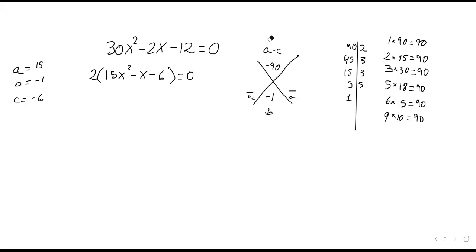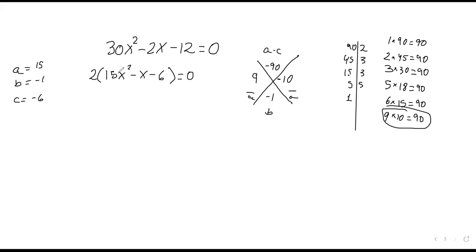So which one of these possibilities can give me -1 if I add or subtract them? 9 and 10. I need the product to be -90, so one of them has to be negative, and I want to have -1 when I add them. So this one has to be negative because it's the greatest.